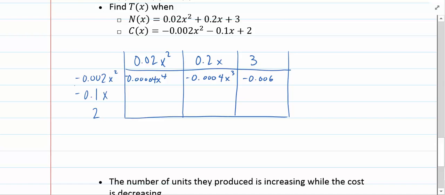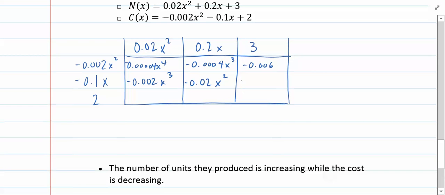And in this next row, a negative 0.1 times 0.02x squared is a negative 0.002x cubed. For the second product, we get a negative 0.02x squared. For the last product, we have negative 0.3x. I forgot my x squared up here. x squared times nothing leaves me with an x squared.